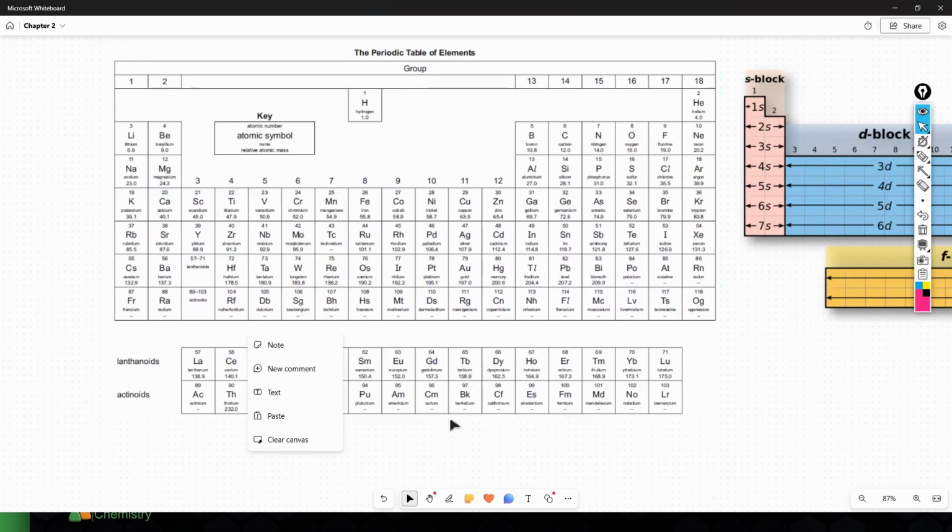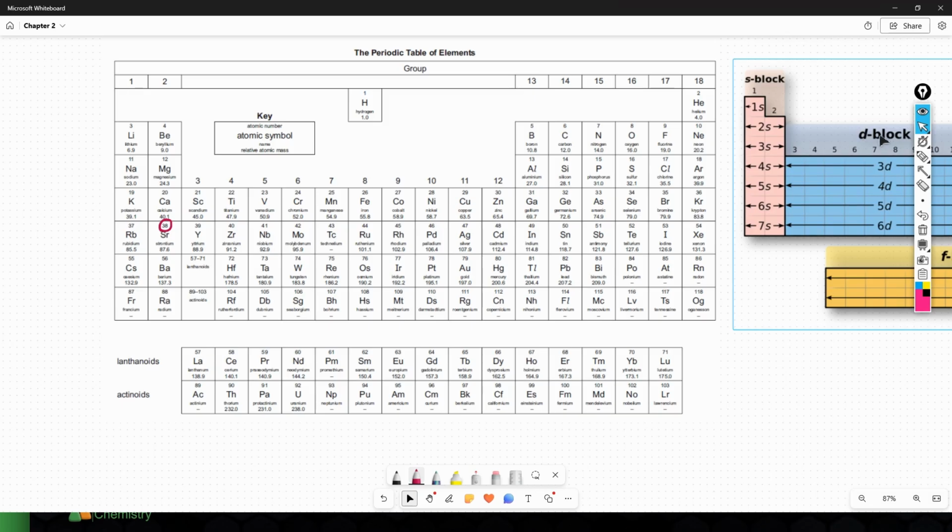If we look at strontium here, the number of electrons for strontium is 38 if strontium is neutral. Because remember, if you have ions, that's going to change the number of electrons. But it's 38 for neutral strontium. So we're going to work off of that, and I'm going to use this one just because it will stay there.